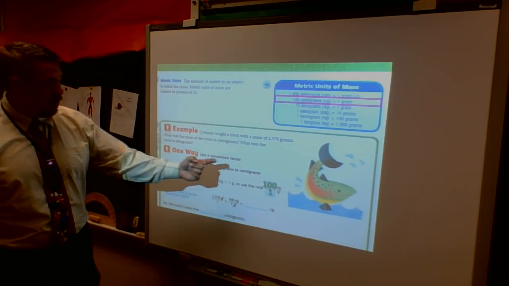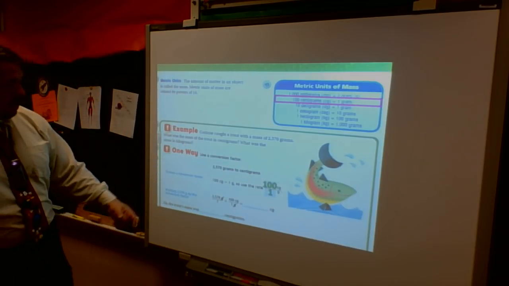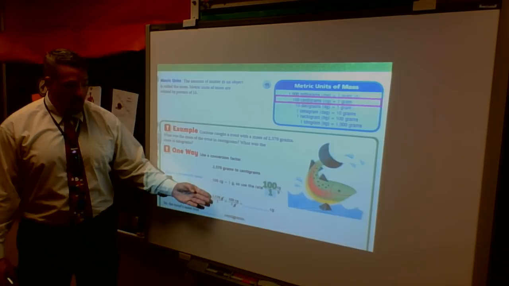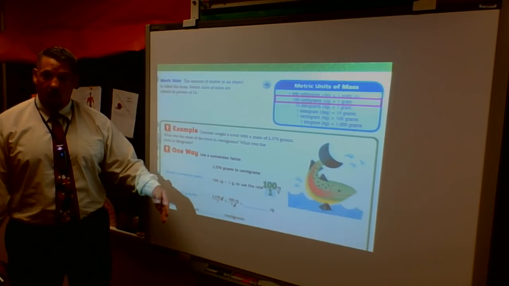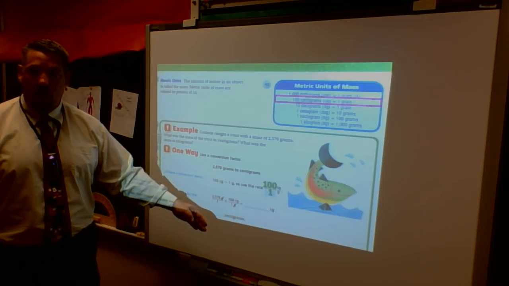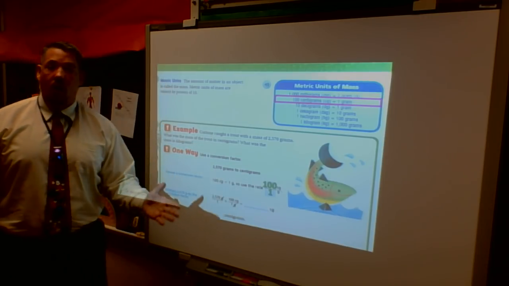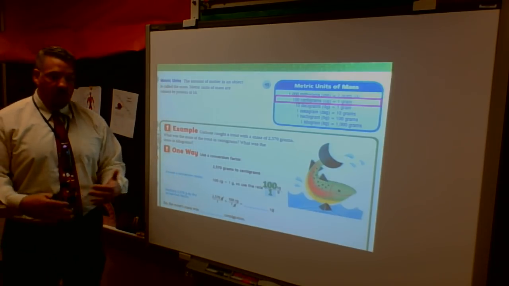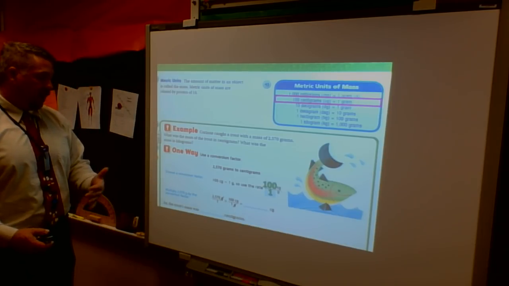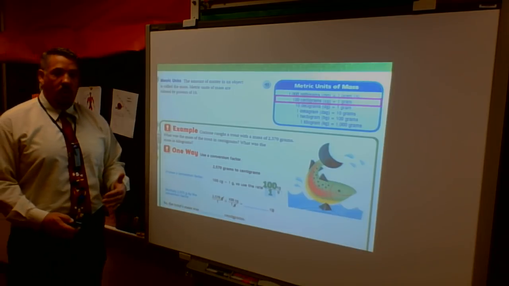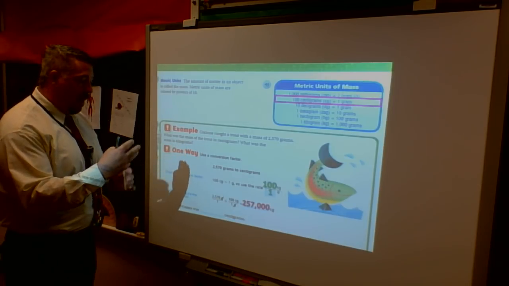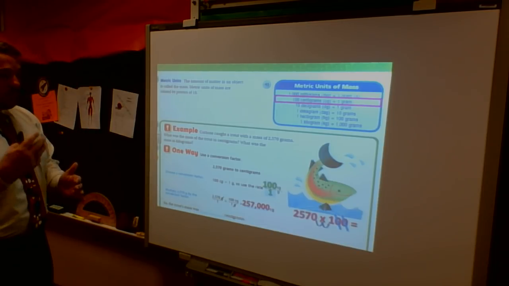Once I know that I'm going to use my 100 over 1, then my setup is already here in my book. I have my 2,570 grams. I have my 100 centigrams over 1 gram, which they show you you're cross-reducing the labels, and I'm just left with multiplication. So I can type into my handy-dandy calculator 2,570 times 100, or I could look at it as my steps, and I can move my decimal 2 times.